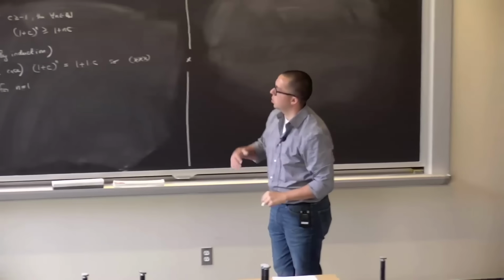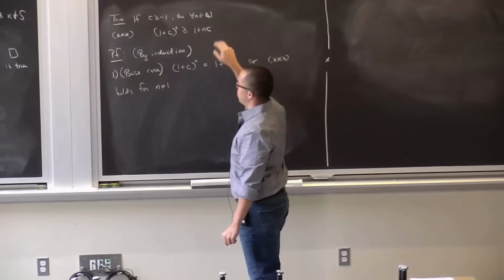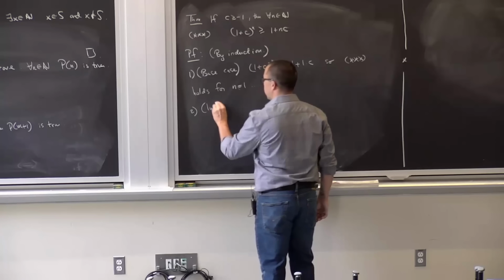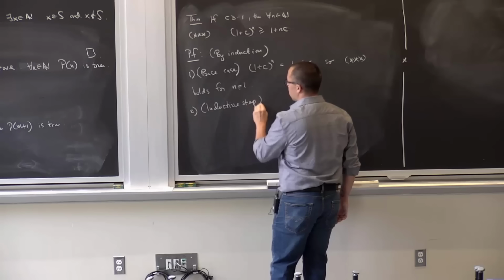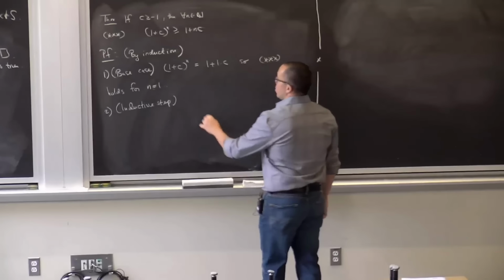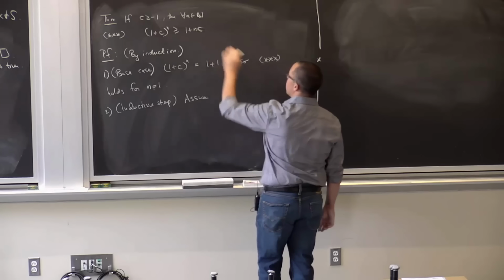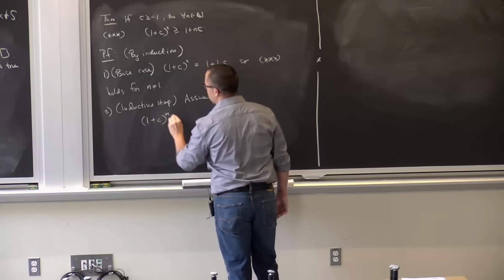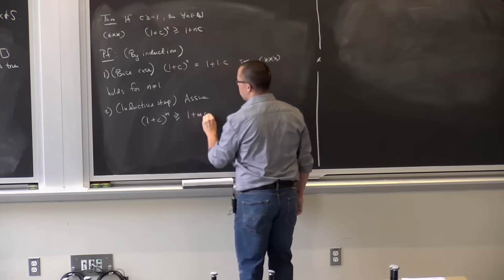All right, so that's our base case. Now we're going to assume that this inequality holds for n equals m and try to prove that it holds for n equals m plus 1. So we're assuming this when n equals m: (1 + c)^m is bigger than or equal to 1 plus m times c.